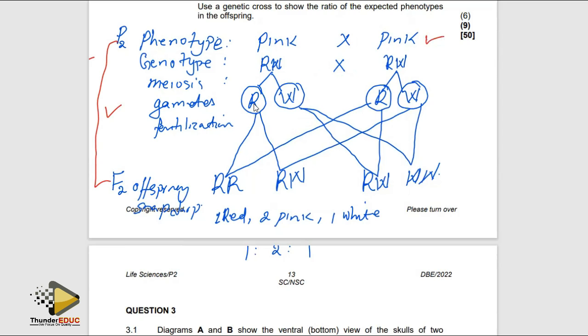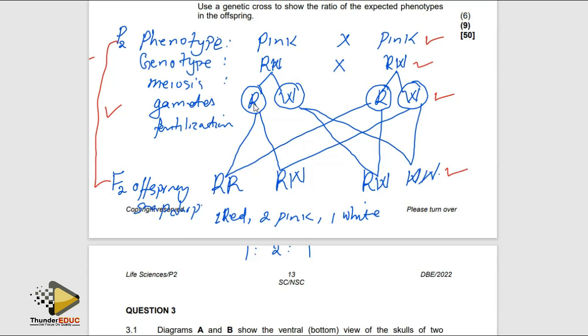Phenotype, we give you a tick, it must have a cross. Genotype, we give you a tick, it must have a cross here. If it doesn't have a cross, the tick might not be given to you. So we come to the gametes, we give you a tick, and then we have the crossing and you get the offspring, we give you a tick.